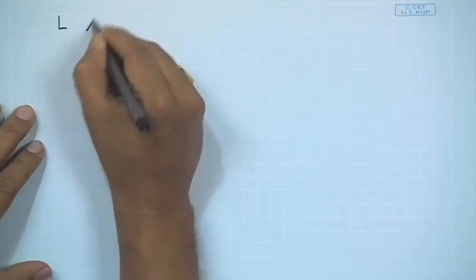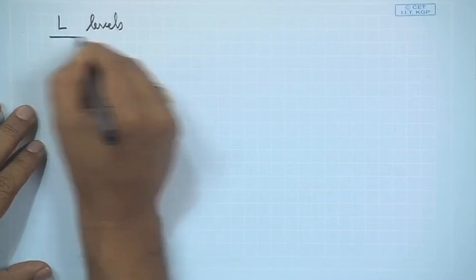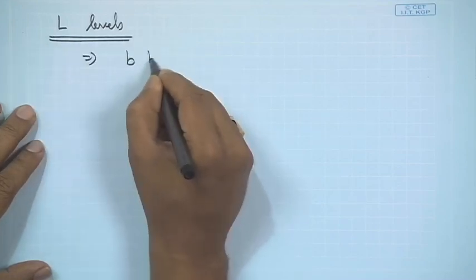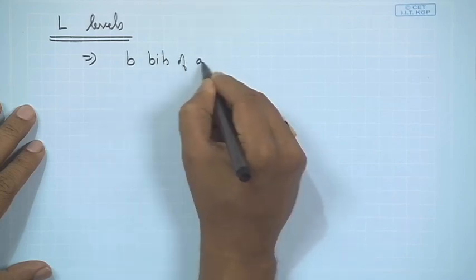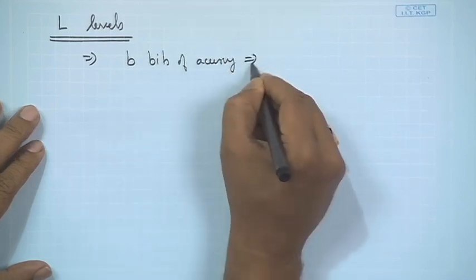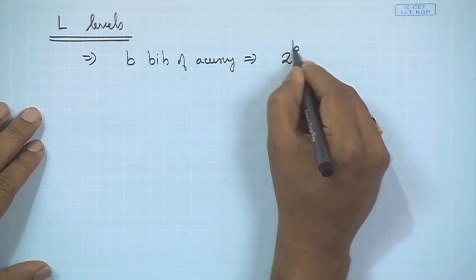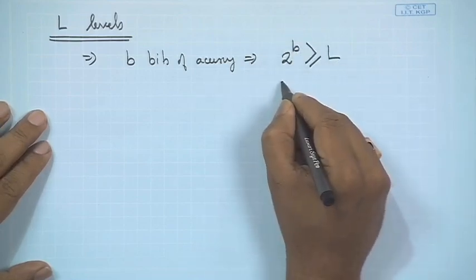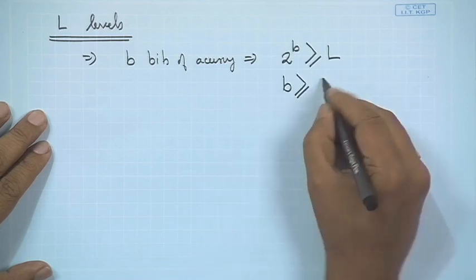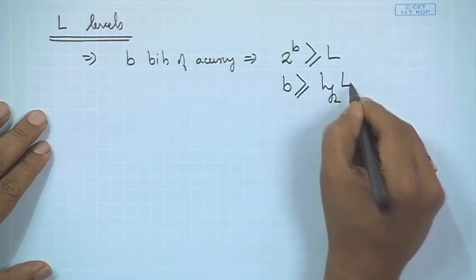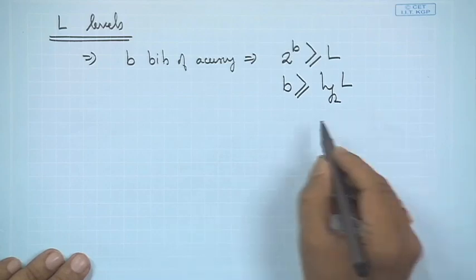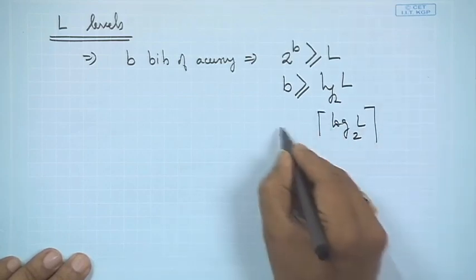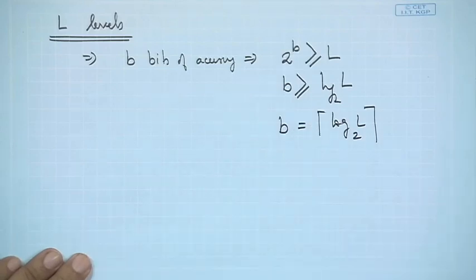This would imply that we should have B bits of accuracy, which implies that 2 to the power of B should be greater than or equal to L, or in other words, B must be greater than or equal to log base 2 of L. So, going by our earlier results, we can take B to be equal to this.